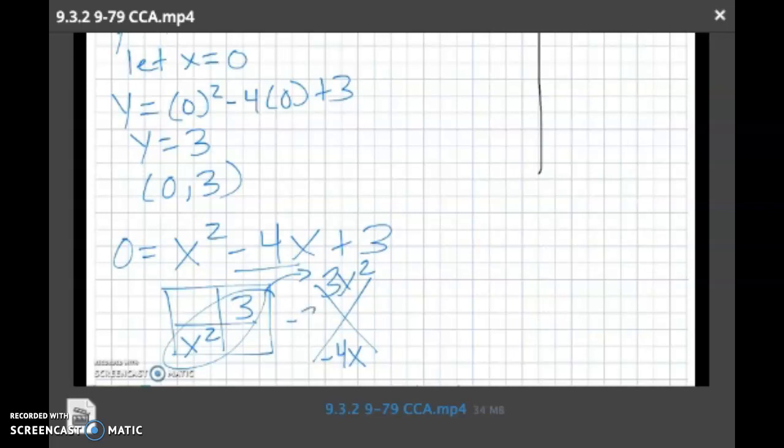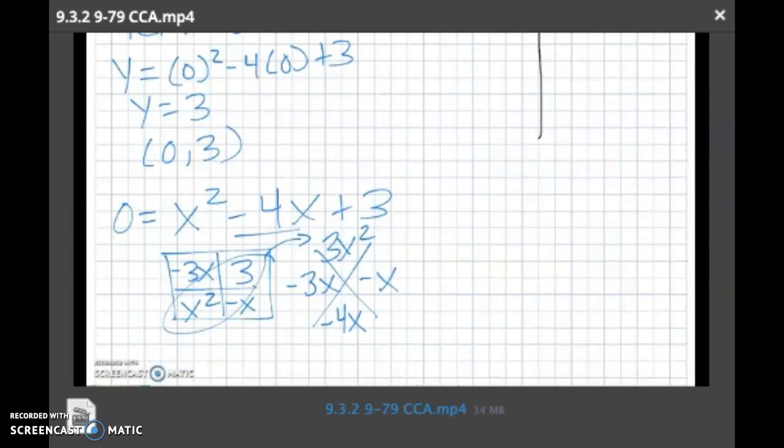Those would be negative 3x and negative 1x. I put those into my generic rectangle, and then my dimensions become x and x. X times negative 1 gives me negative x, and x times negative 3 gives me negative 3x. Just to check, negative 1 times negative 3 does give me positive 3.